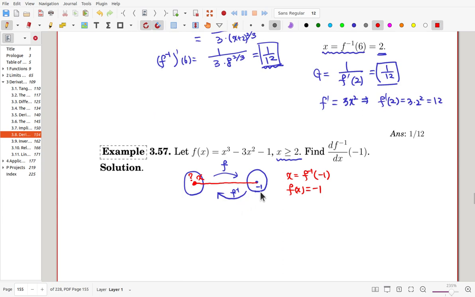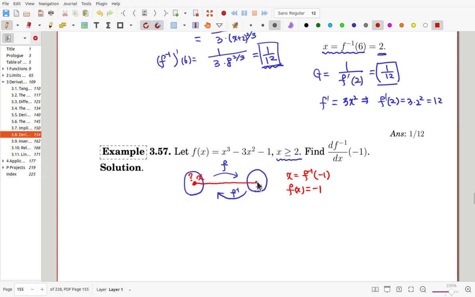Right? That's the reason we try to solve that equation. f inverse is defined on this side, f is defined on that side. So the quantity is the reciprocal of f prime, but f prime cannot be evaluated over there. It's defined on this side. So you have to find the corresponding point on that side, the left side of the domain over there.